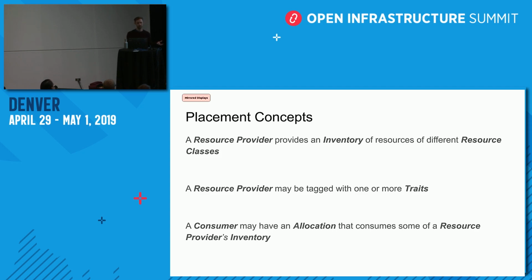So a resource provider provides an inventory of resources of different resource classes. The terminology will become more familiar. One of those resource providers may be tagged with one or more traits, and a consumer may have an allocation that consumes some of a resource provider's inventory.